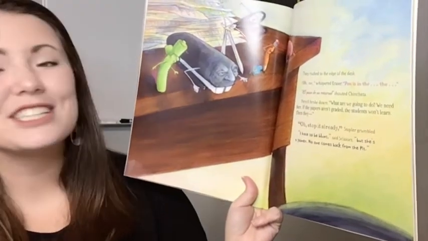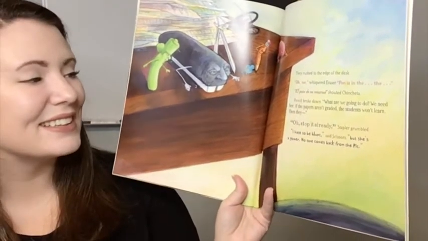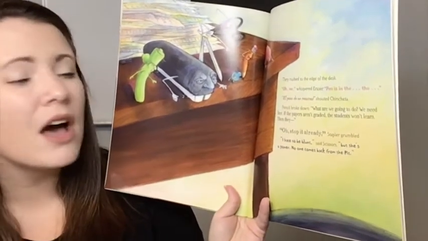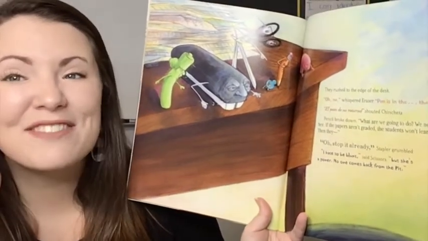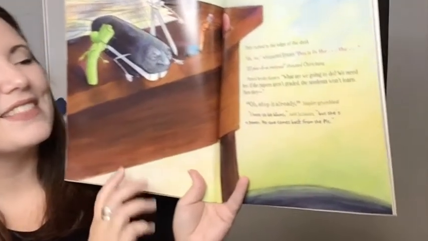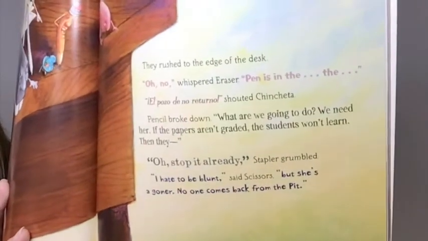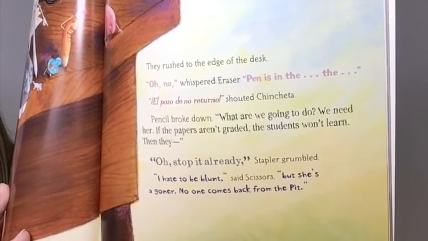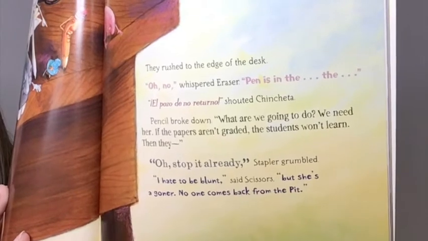They rushed to the edge of the desk. Oh no, whispered Eraser. I just heard some feelings. I'm going to read that sentence again. They rushed to the edge of the desk. Oh no, whispered Eraser.